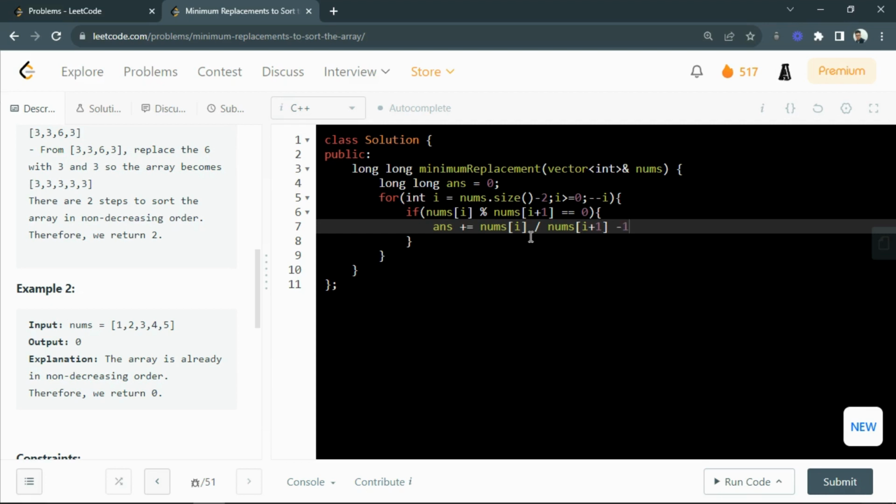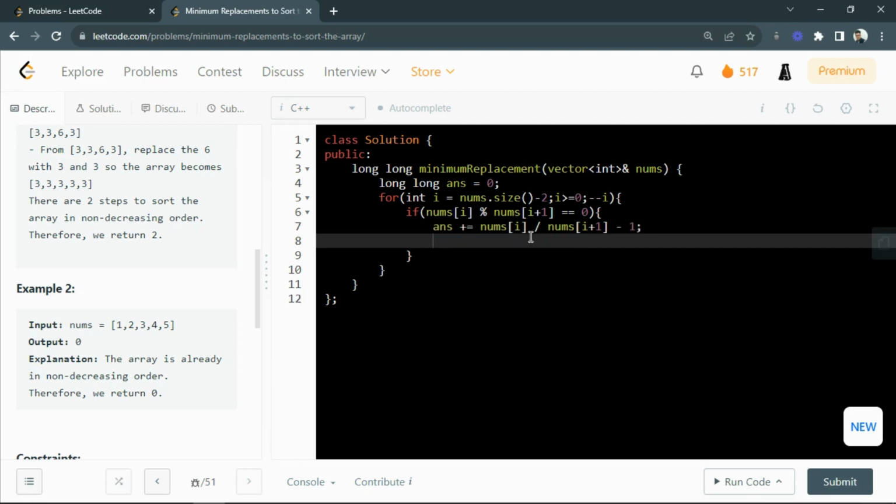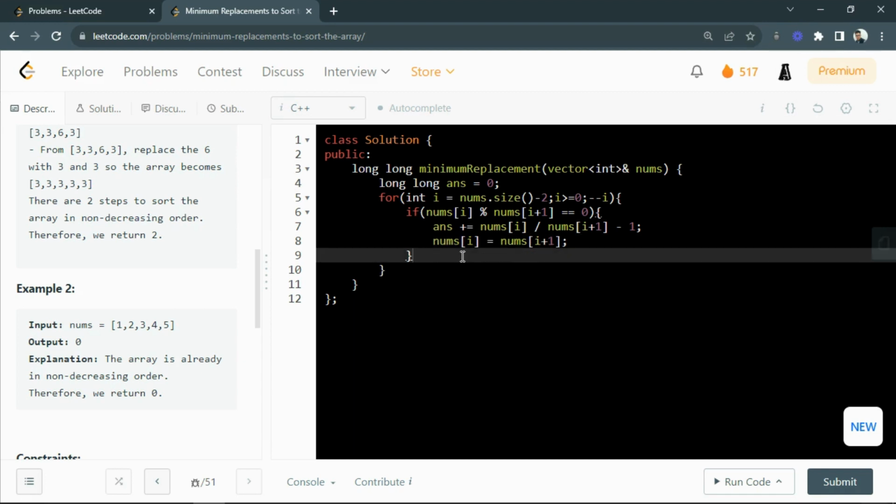This will be the number of parts minus 1 to our answer. And what will nums at I become after all the methods are applied? It will simply be nums at I plus 1, because it is divided equally into nums at I plus 1 numbers.